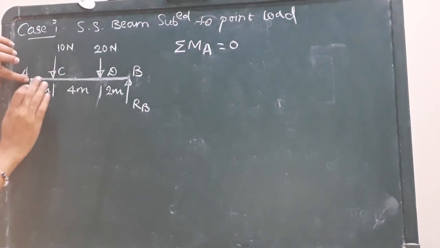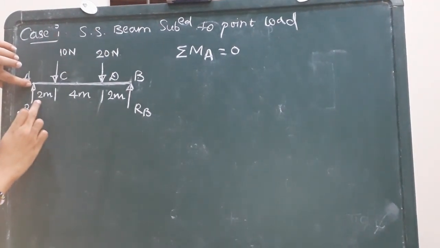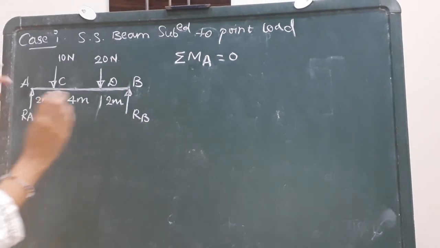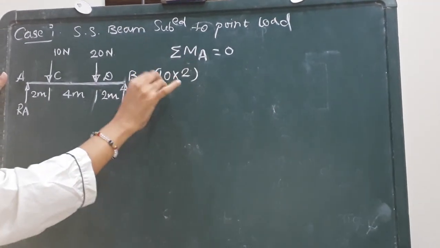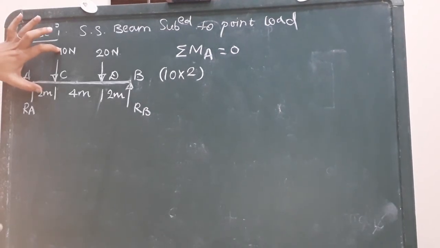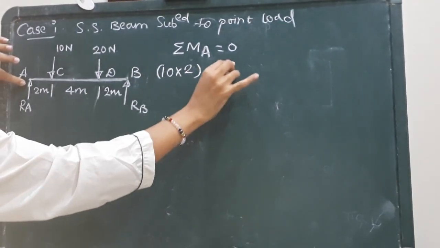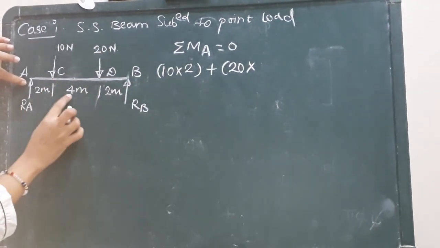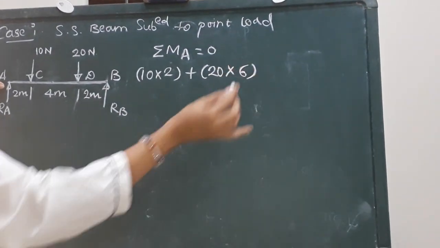As you remember, moment is force into perpendicular distance. So when finding the moment about A, 10 multiplied by 2 plus 20 multiplied by 4, plus 2, that is 6 meter from point A.